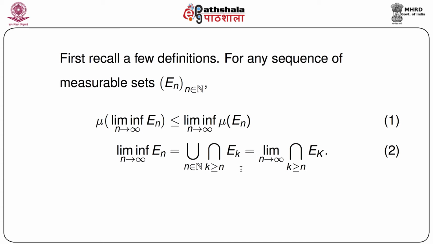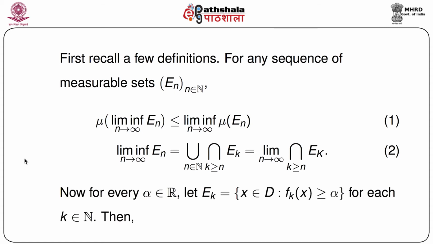Liminf of E_n as n goes to infinity is the union over n belongs to the natural numbers of the intersection over k greater than or equal to n of E_k, which equals the limit as n goes to infinity of the union of intersections of E_k, k greater than or equal to n. Now this can be proved very easily. I am not going to elaborate the proof of this, but let us concentrate on the problem that we are going to discuss.